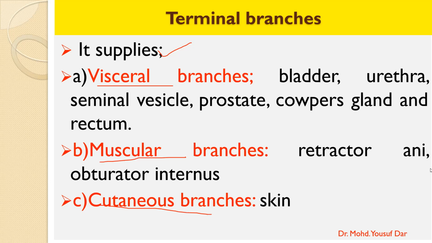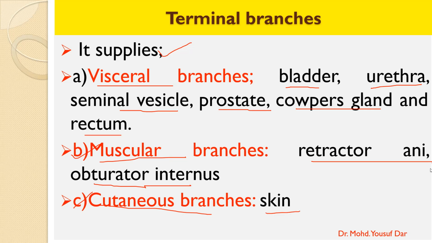The vesical branches supply the urinary bladder, the urethra, the seminal vesicle, the prostate, the Cowper's gland, and the rectum. The muscular branches supply the levator ani muscle and obturator internus muscle, and the cutaneous branches supply the skin.